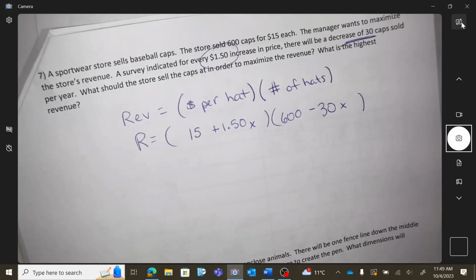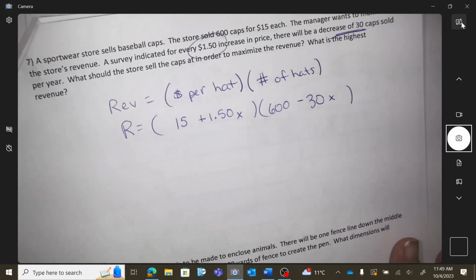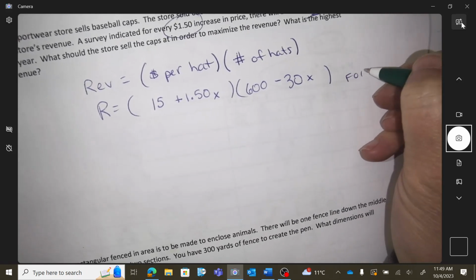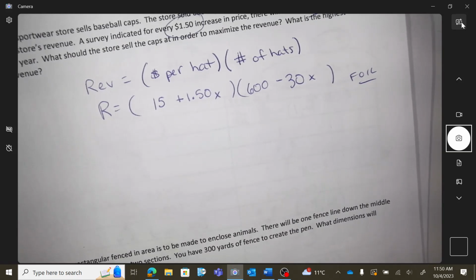So what is the next step in this equation? What would you think to do next? FOIL. FOIL would be your next thought.